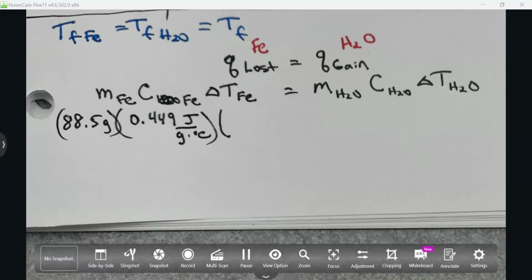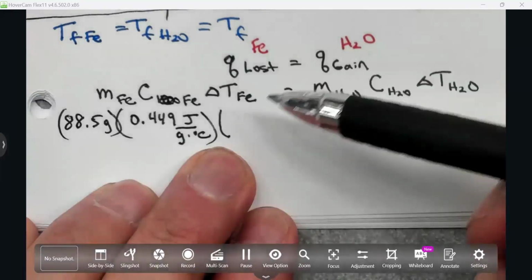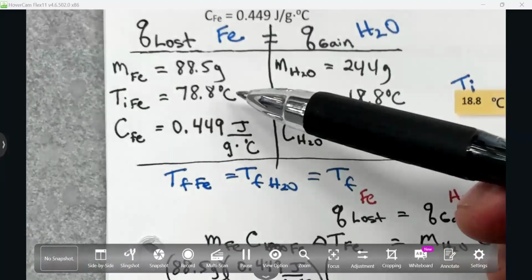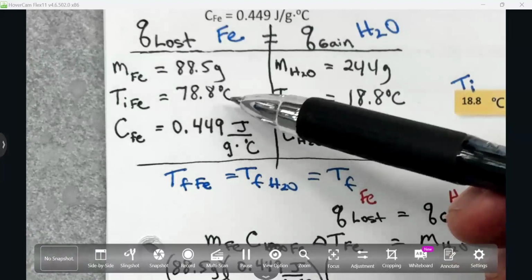So it's not always going to be T final minus T initial. I might go T initial minus T final, just so that that change in temperature is positive. So let's look at this. Now, is my iron, which starts out at 78.8, is T final going to be higher or lower than that?